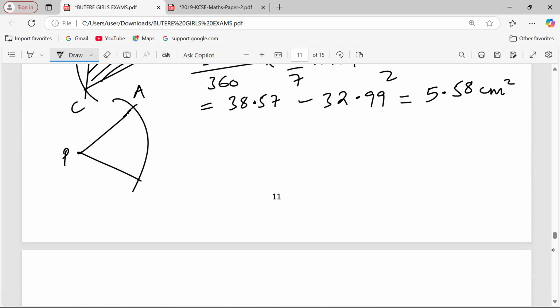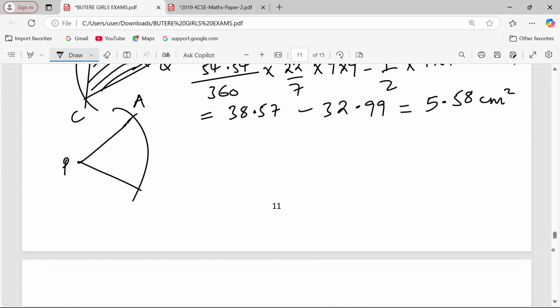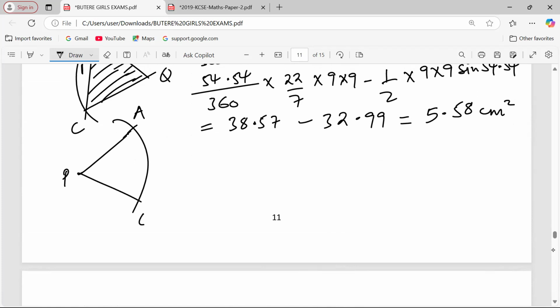APC, then it's having a triangle in it. That is our second minor segment, which means for us to get the minor segment, we again need area of the sector minus area of the triangle in it.